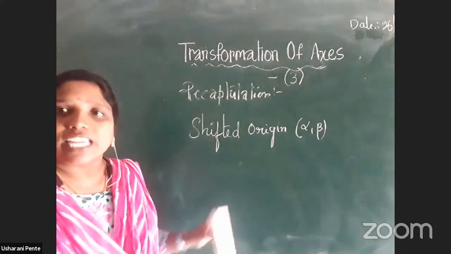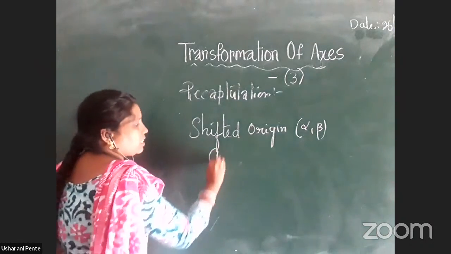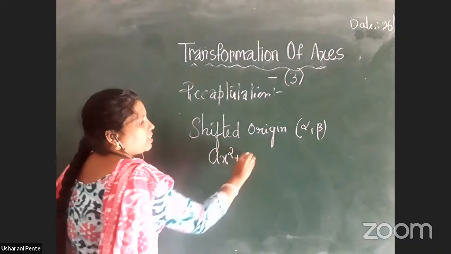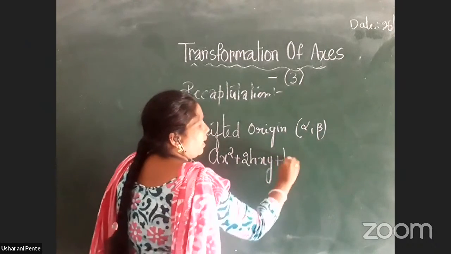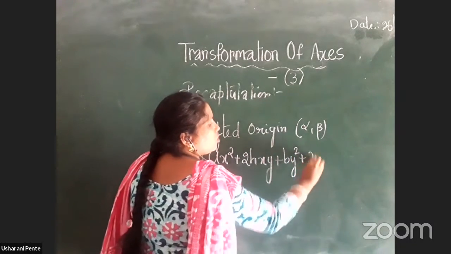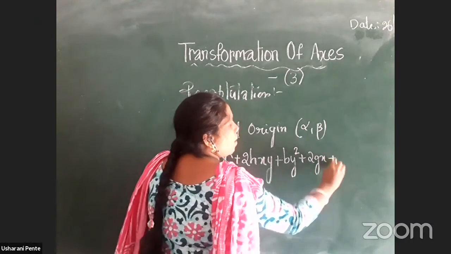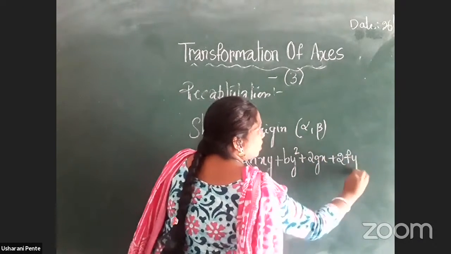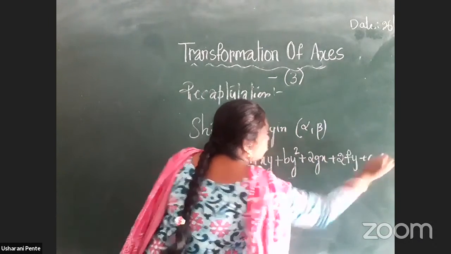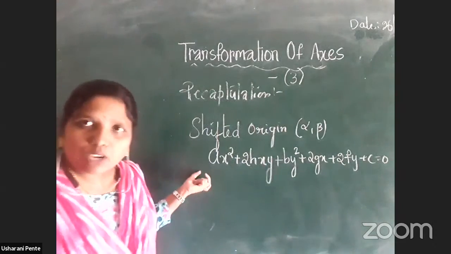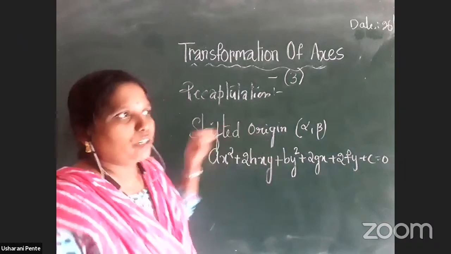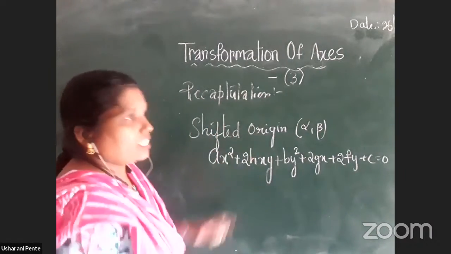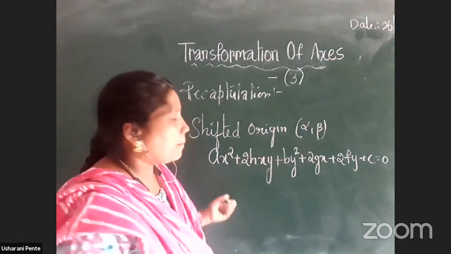If they give the equation ax square plus 2hxy plus by square plus 2gx plus 2fy plus c is equal to 0, we need to find the shifted origin, that is alpha comma beta.